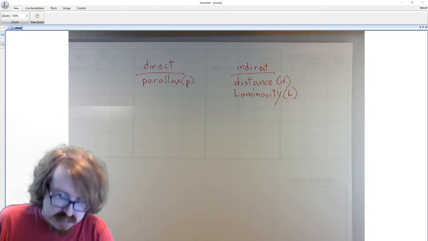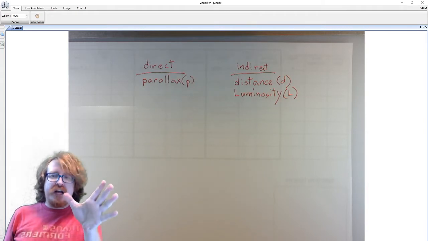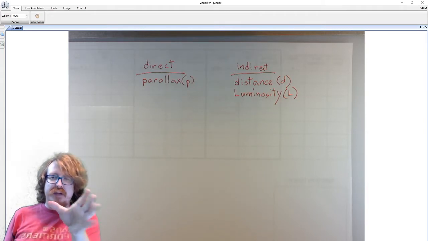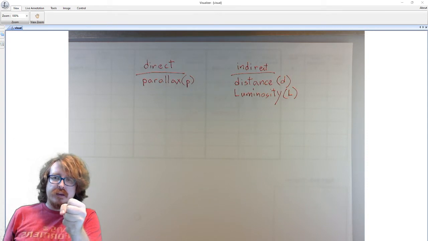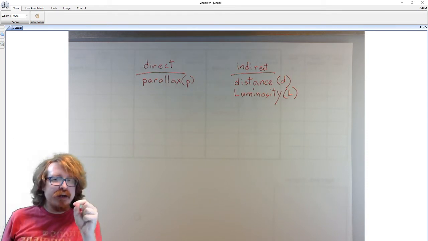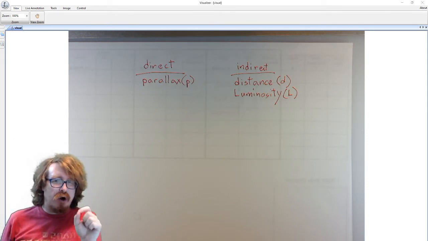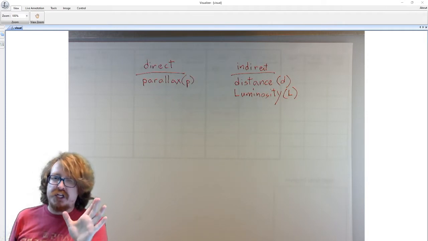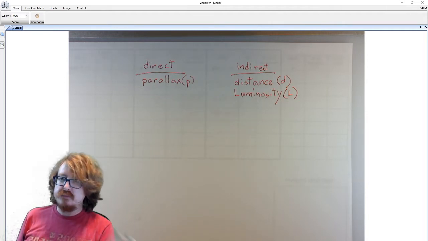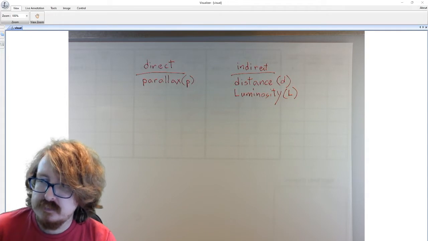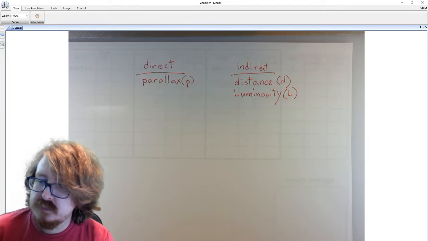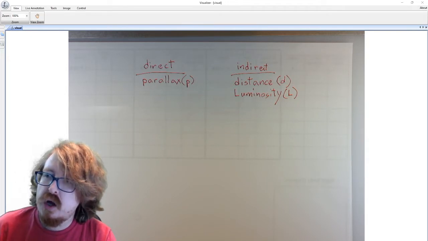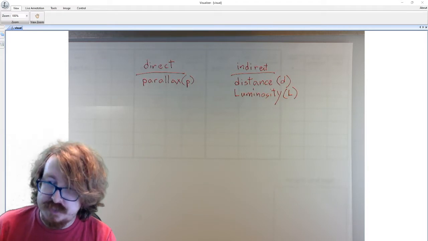So it sounds like the total light coming out of a star per second is something we could measure. But we can't, because which direction does a star put out light? All directions.